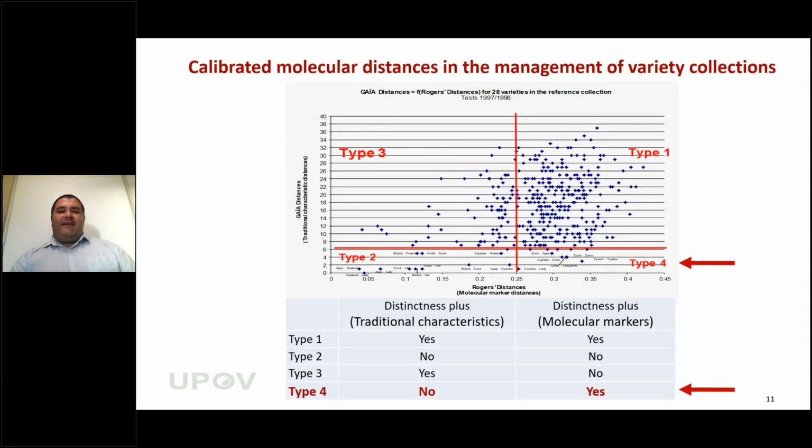Okay, this here. The variety pairs called type 1 represent 50% of the universe of variety pairs below the plus distinction threshold.